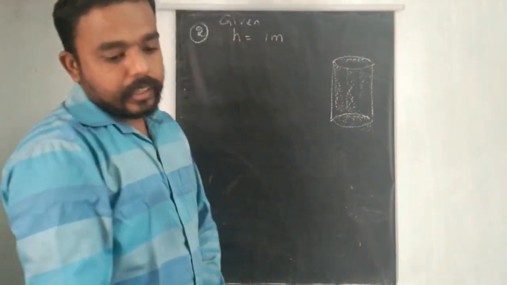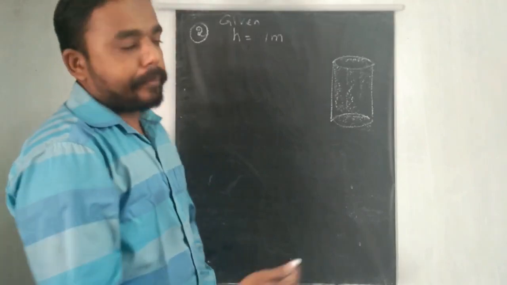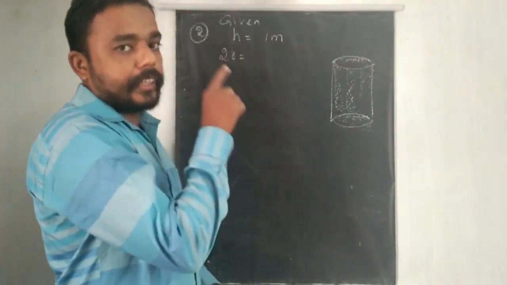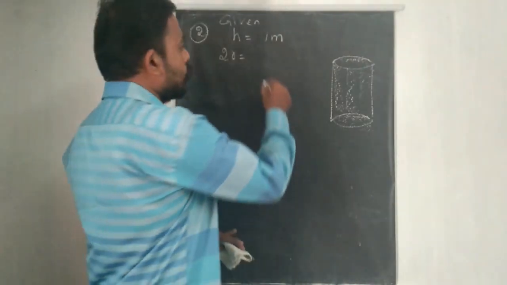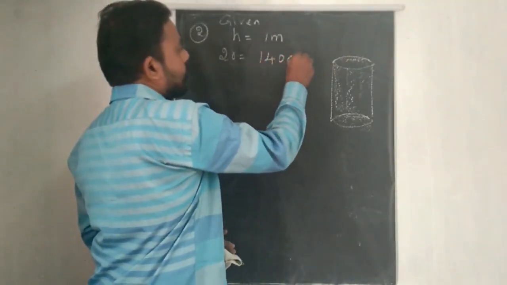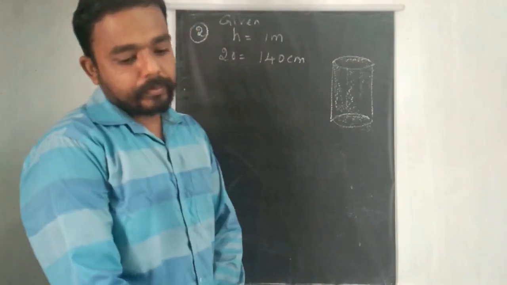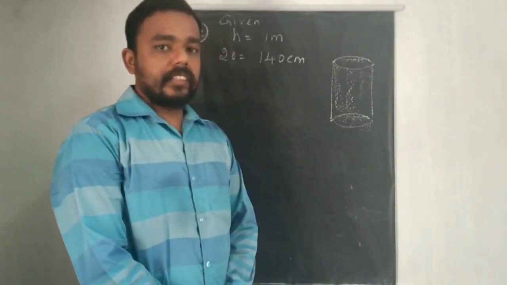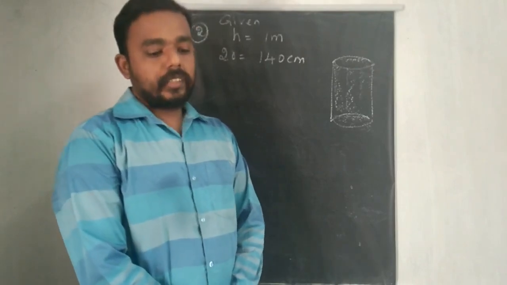Right. And base diameter. So base diameter, 2r equal to 140 centimeter. This is given. From a metal sheet we can make this by using the metal sheet.